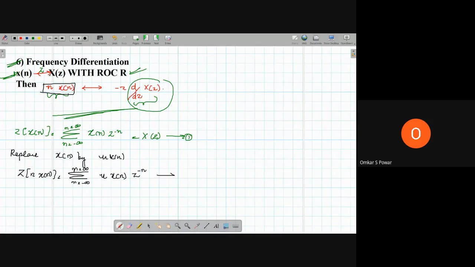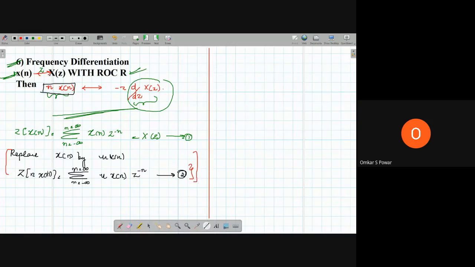So this is equation number 2. Let us keep this equation aside for now, because we will use this in the middle of the derivation. So please keep this aside.